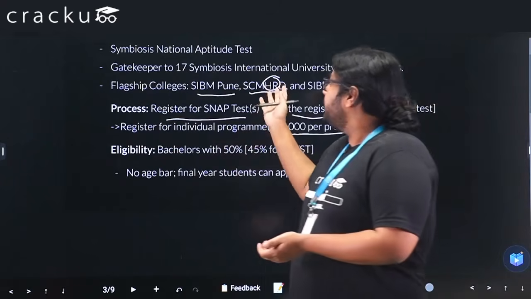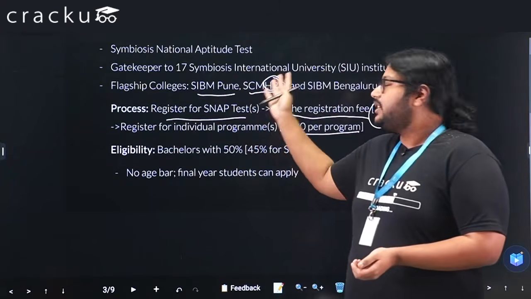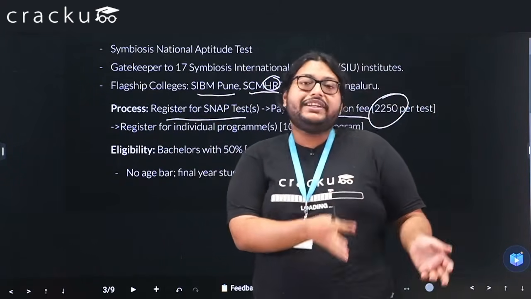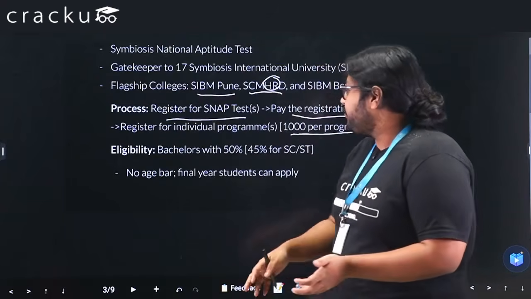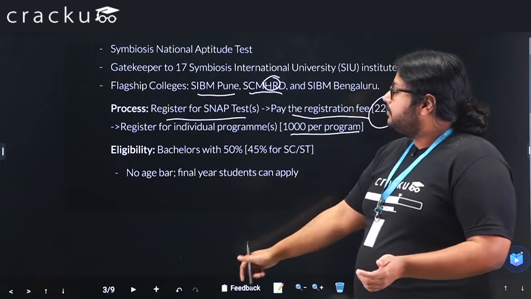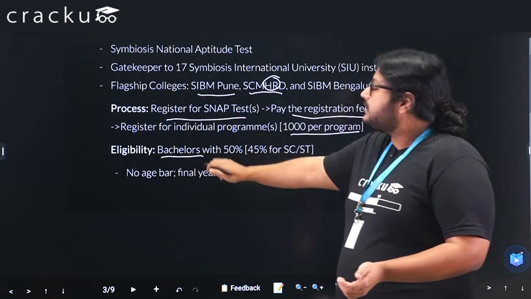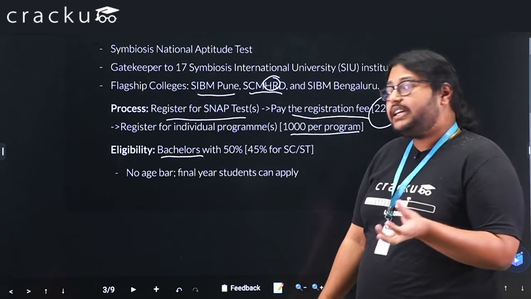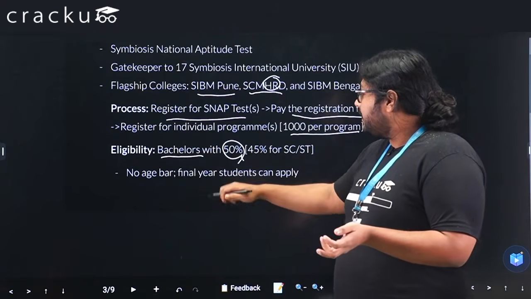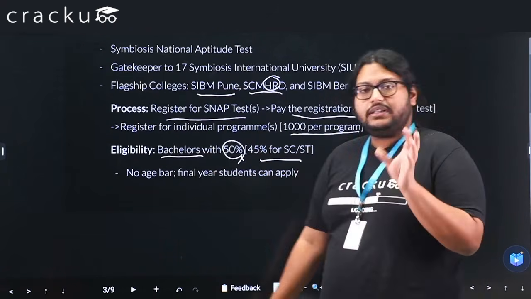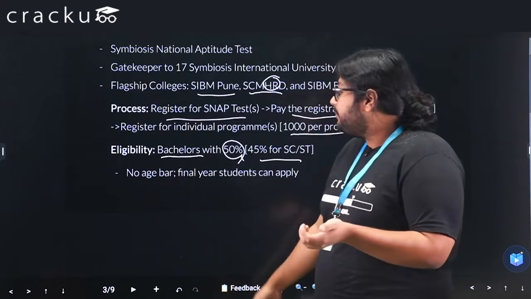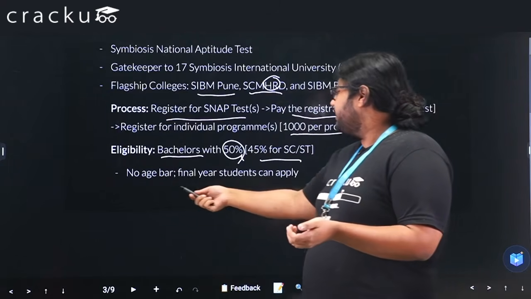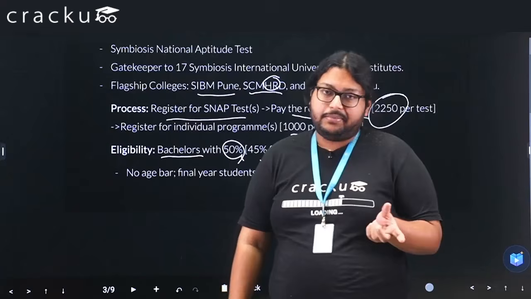If you choose some other program in SCMHRD or some other college, you need to pay an additional 1000 rupees for that. And eligibility: you need to have a bachelor's degree from a recognized university in India with 50% marks, 45% for SC and ST candidates. There is no age bar though, and final year students can also apply.